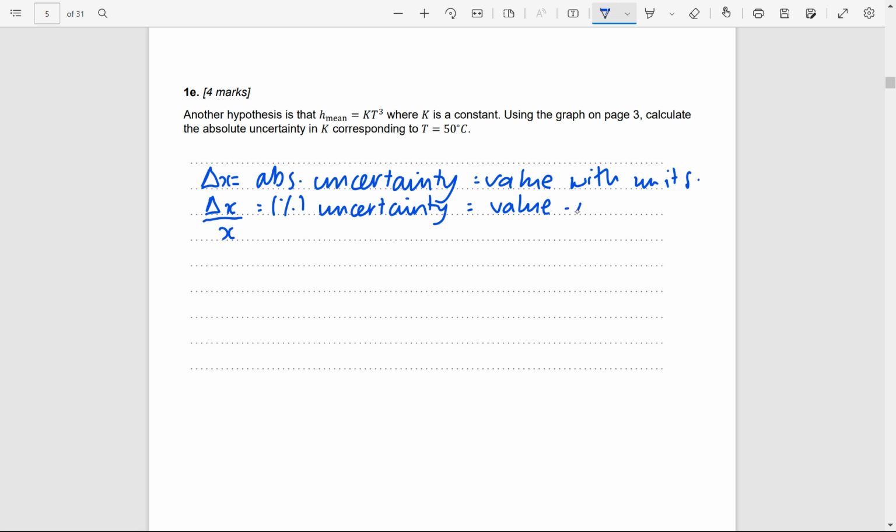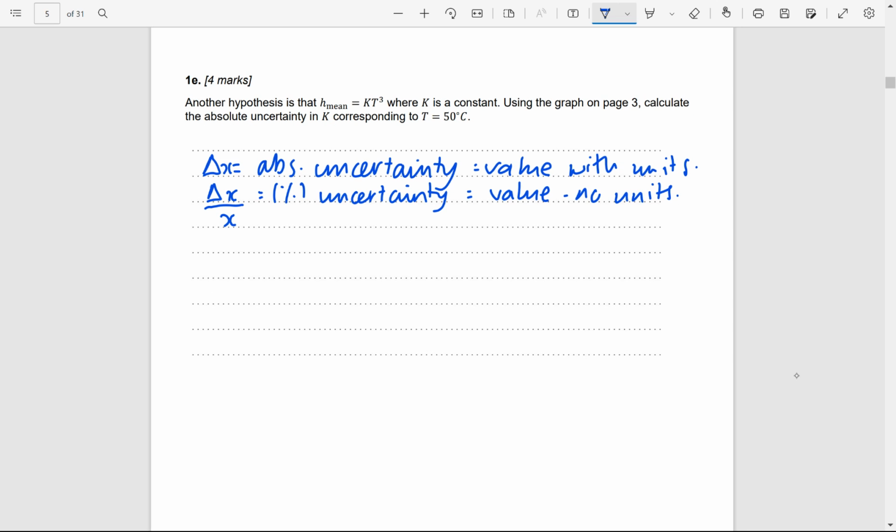Okay, and it's a value, and there is no units because it's a fraction, and you could multiply by 100 to get it as a percent if you wish. Okay, and we're asked to find the absolute uncertainty in K.